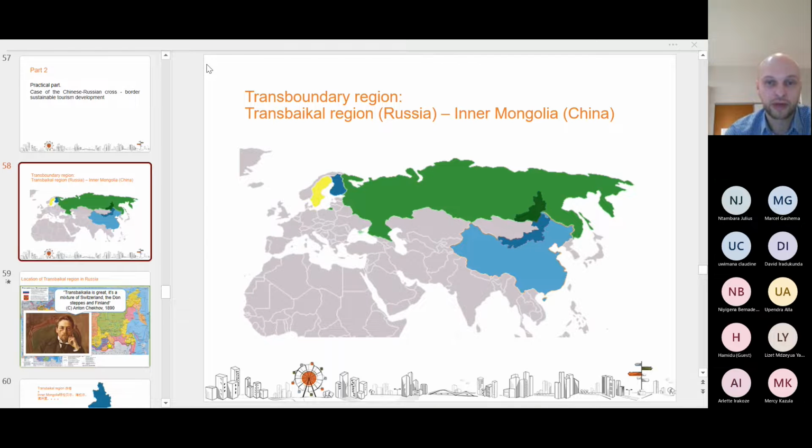We will talk about 3 main points. The first is the history of the cross-border collaboration, then the tour packages, and the financial sustainability of sustainable tourism. So let's start.